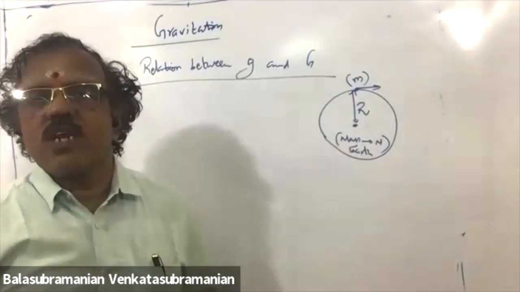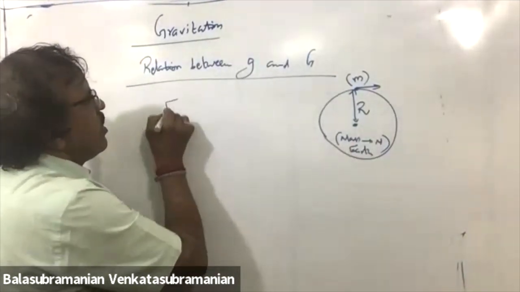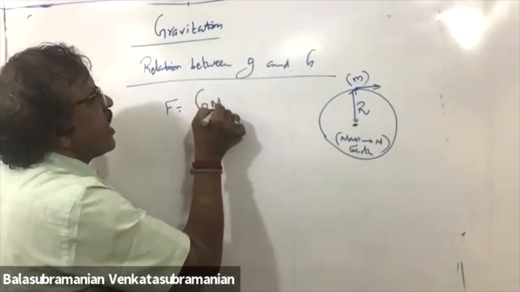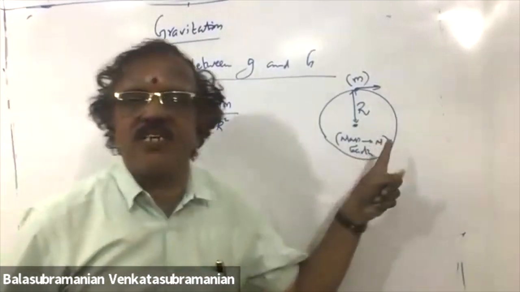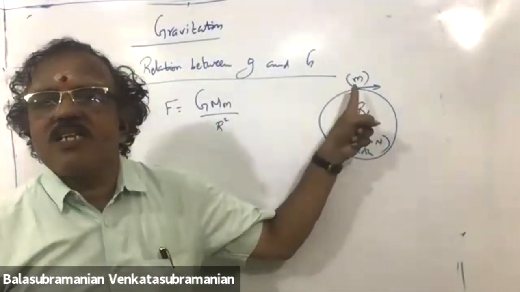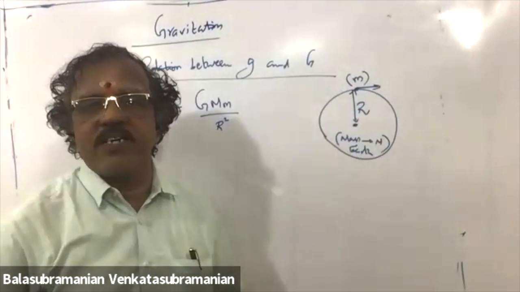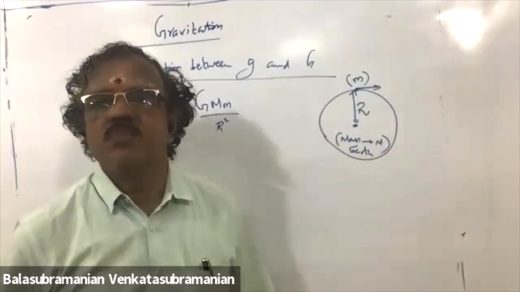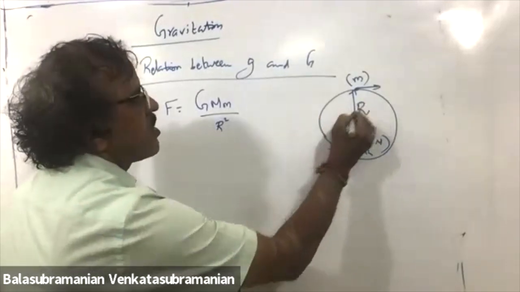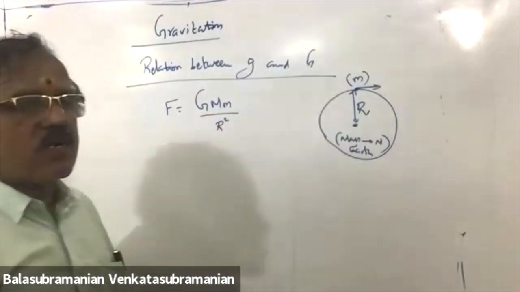Then what is Newton's law of gravitation? F is equal to G capital M small m by capital R square, where the distance between the center of the earth and the surface where the body is placed is nothing but the radius here. So I can write G M m by R square.